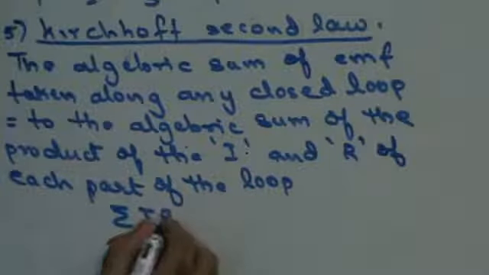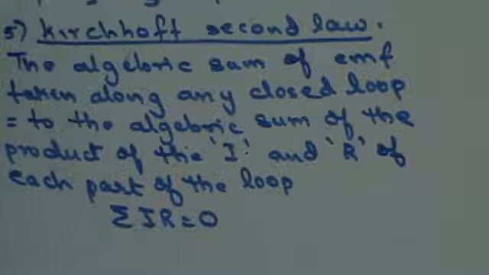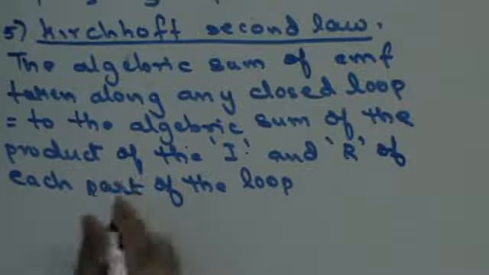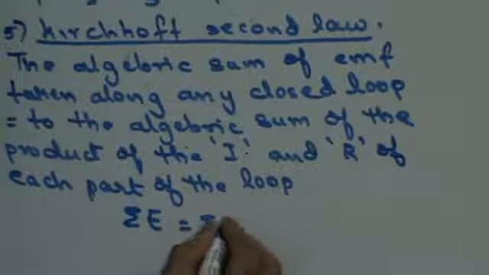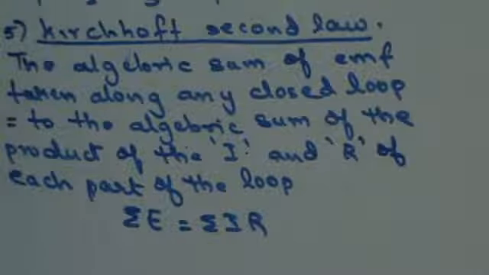That is sigma IR is equal to 0. Oh no, sorry. Sigma E is equal to sigma IR. The sum of the EMF is equal to the sum of the products of current and resistance.